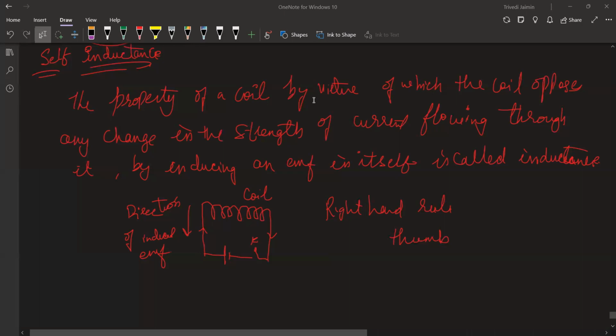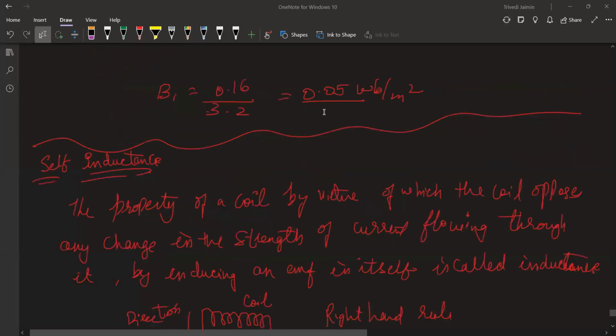This idea was given by Mr. Fleming, Fleming's rules and Faraday's law. All these laws we are studying for generator and motor. Okay, so tomorrow we'll discuss mutual inductance.